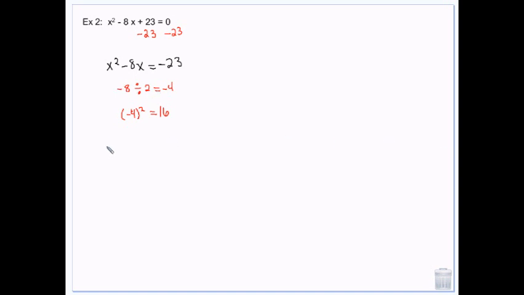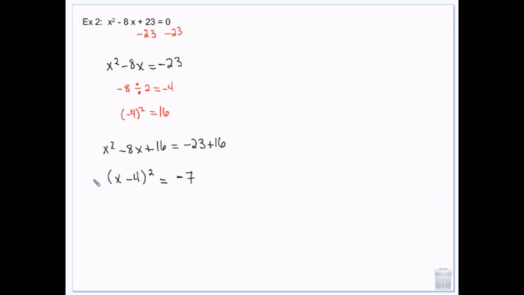So then I'm going to add 16 to both sides. Factor. So that's x minus 4 squared. And then negative 7. Yeah, negative 7.